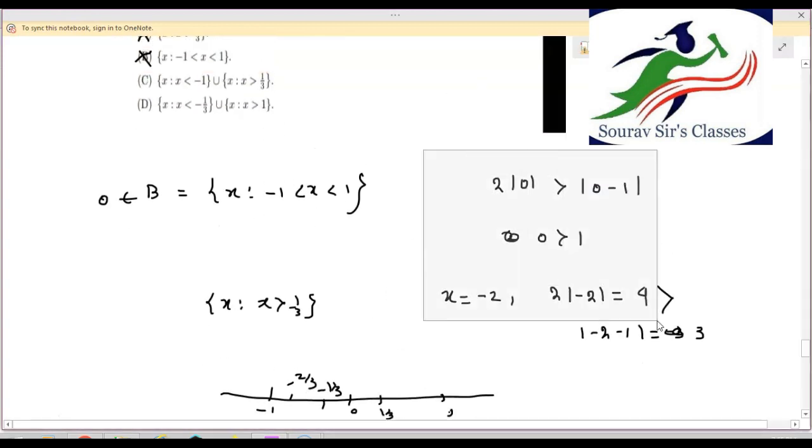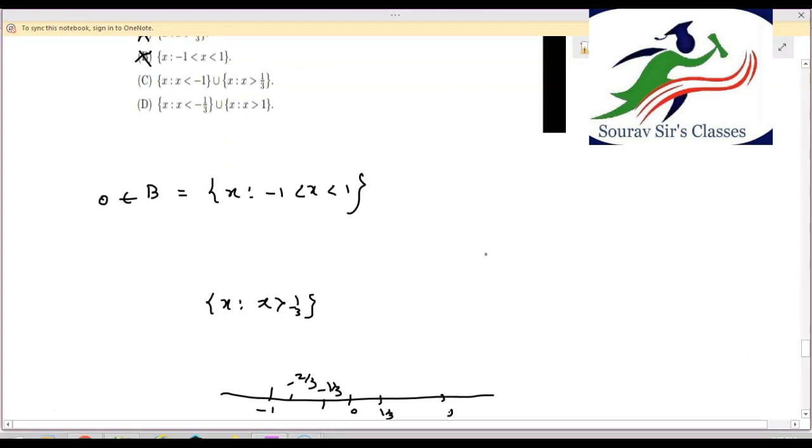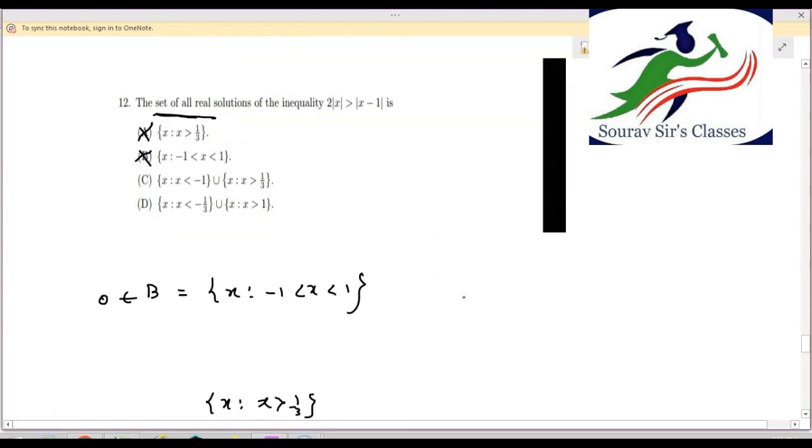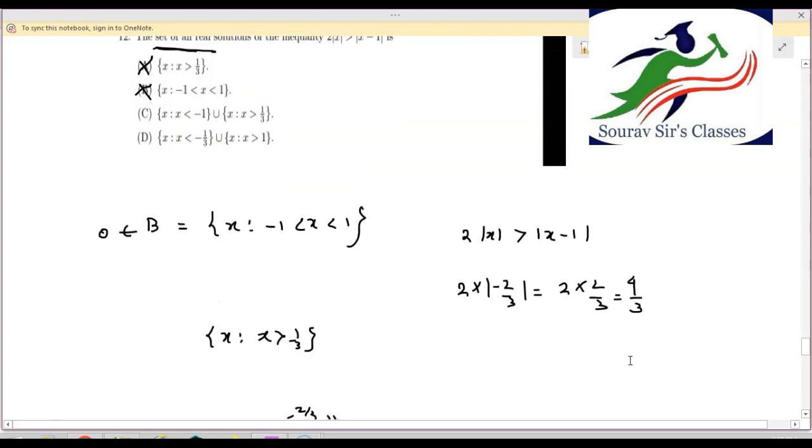Just a minute, let me erase this. The inequation is 2 into |x| greater than |x − 1|. So 2 into |−2/3|, it will be 2 into 2/3 is equal to 4/3, and |−2/3 − 1| will be 5/3.